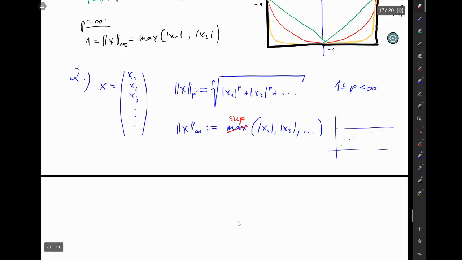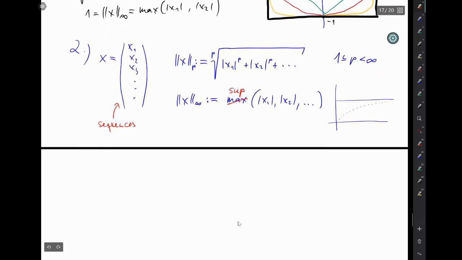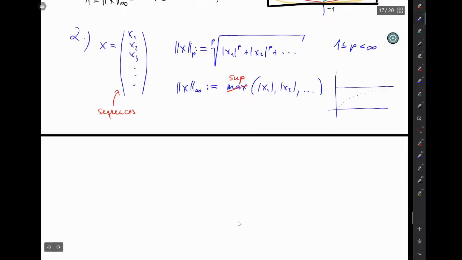So these infinite vectors here are often just called sequences. But if you say infinite vector, I'm also fine with that. And the spaces they live in, so now there comes capital X, are usually denoted by a little curly L, and then you write p here as an exponent, you just call it lp.